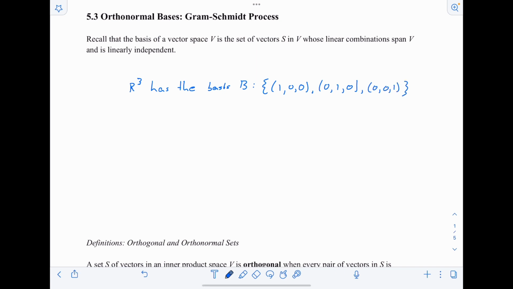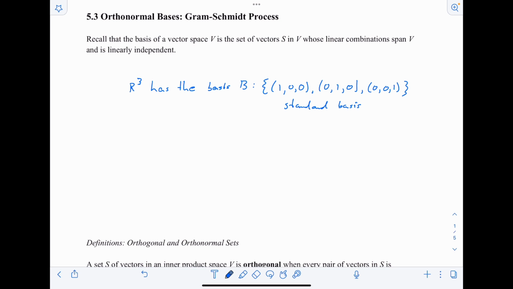That would be a basis in R3 because every single vector in R3 can be created through a linear combination of those three vectors, and none of those three vectors is a linear combination of the other two. Now this is one that we happen to call a standard basis. If you remember, there were both standard and non-standard bases, and we're going to talk about both in this lesson.